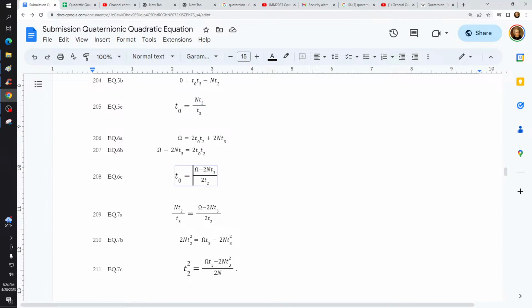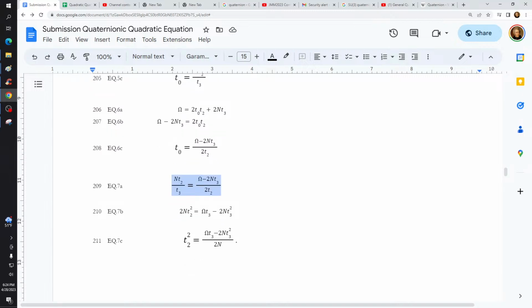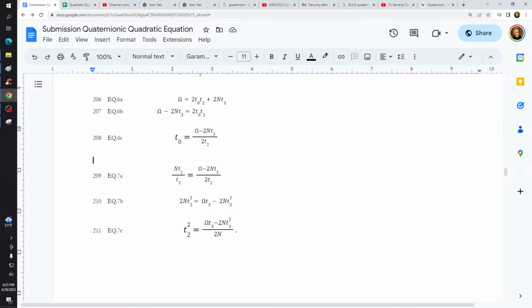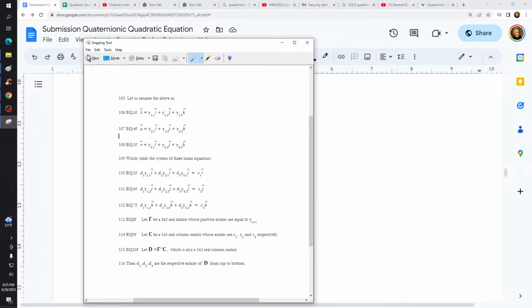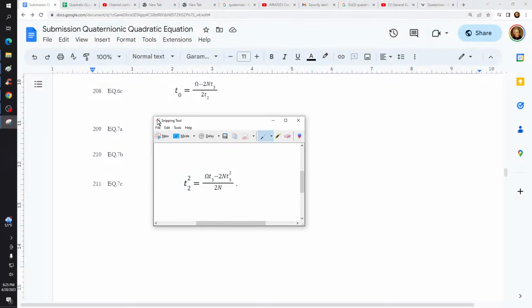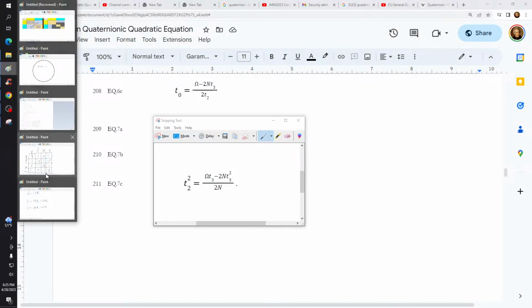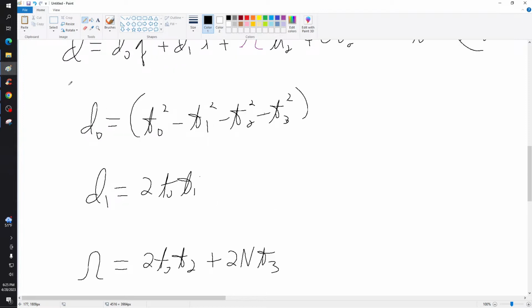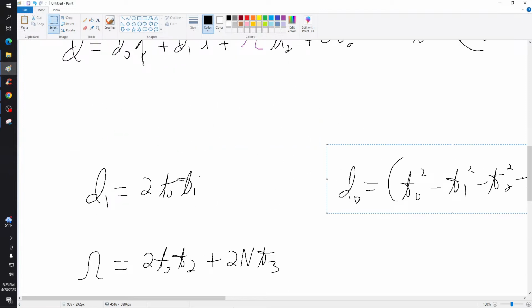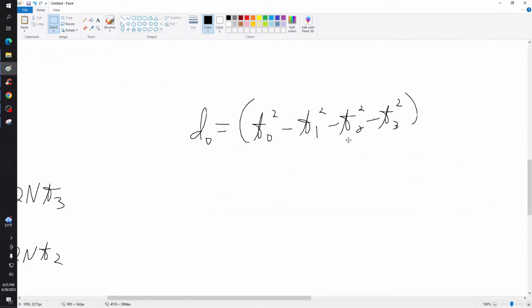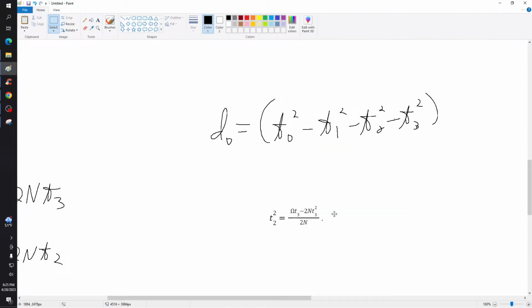We set these two equal to each other, and when you cross multiply, we get an expression for t2 squared in terms of t3.